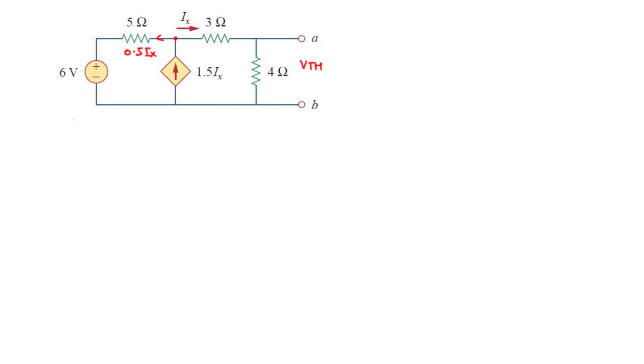Notice that the moment you want to find the value of Vth, you need to revisit the original circuit given in the question. Make sure you don't eliminate any other circuit element in the original circuit. Now let's consider this loop. So we are taking the clockwise direction.